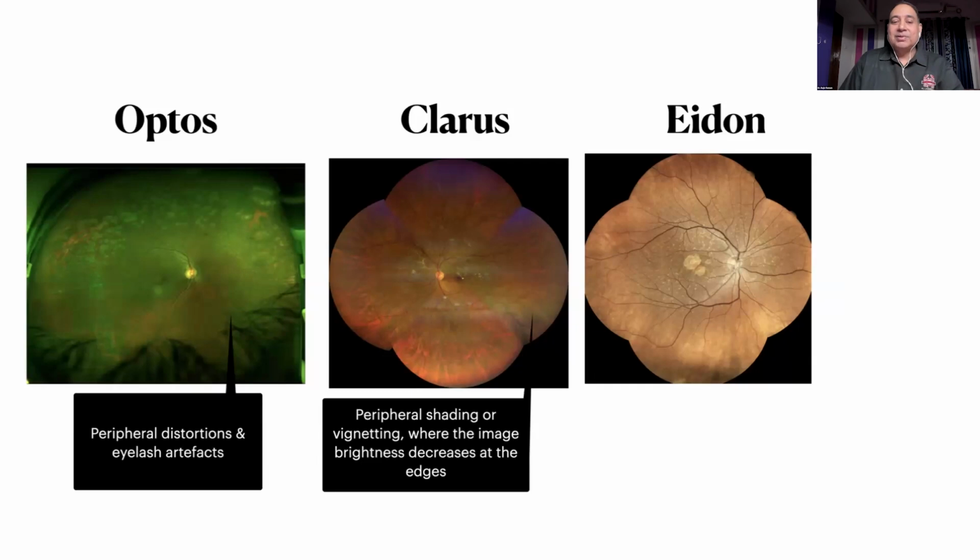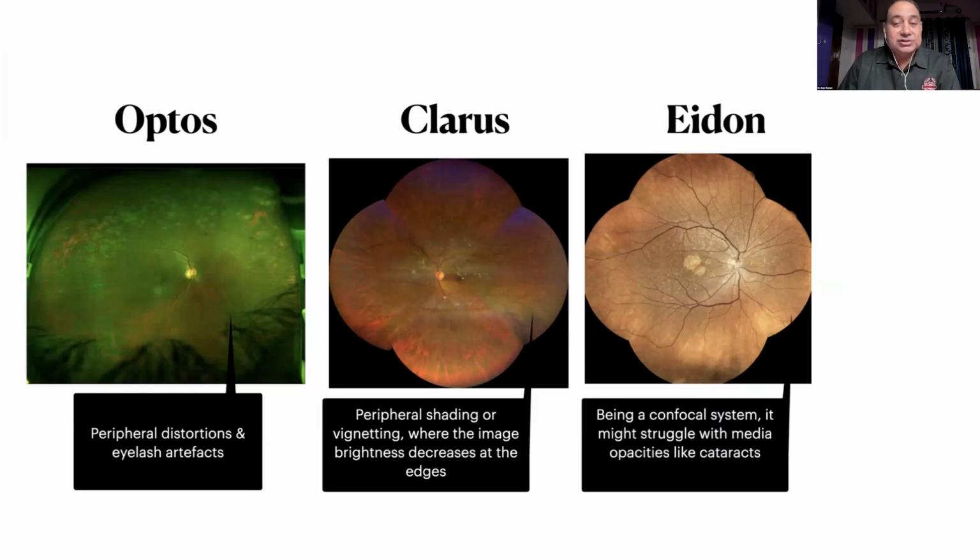Clarus, again, the problem has been this vignetting, the peripheral shading, which happens in the peripheral part of the retina. The brightness tends to decrease at the edge of the retina. IDON seems to be a good camera because it uses a confocal system, but definitely one might struggle with media opacities and cataract. In these cases, the image quality will become very bad.